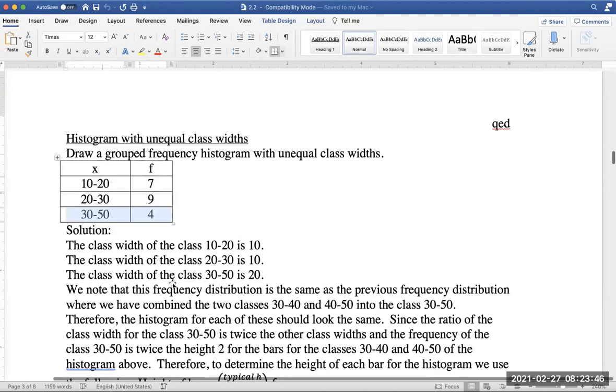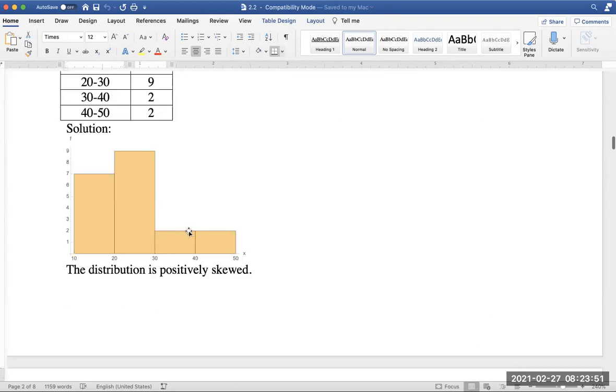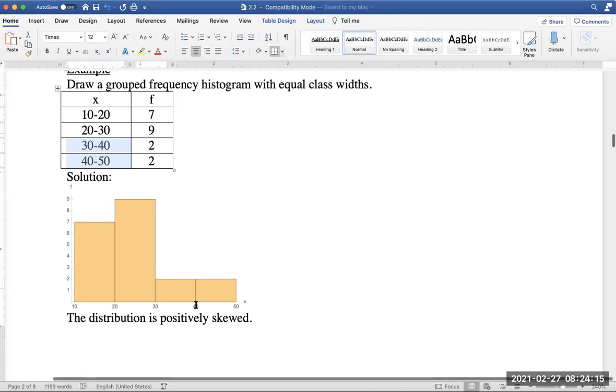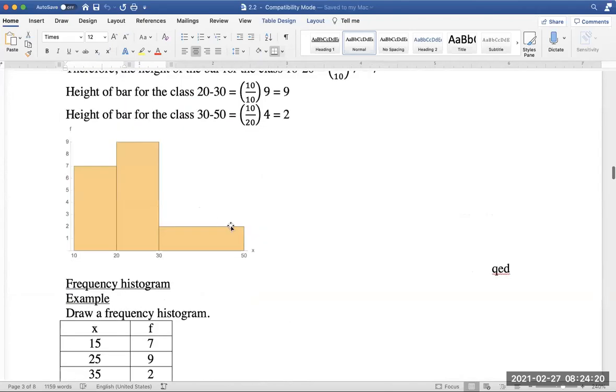It wouldn't look the same as this one, because this height is 2. Now I'm going from 30 to 50, so the class width in this case is 20, whereas it used to always be 10. So I've doubled this, but now the height is half of what I thought it should be.